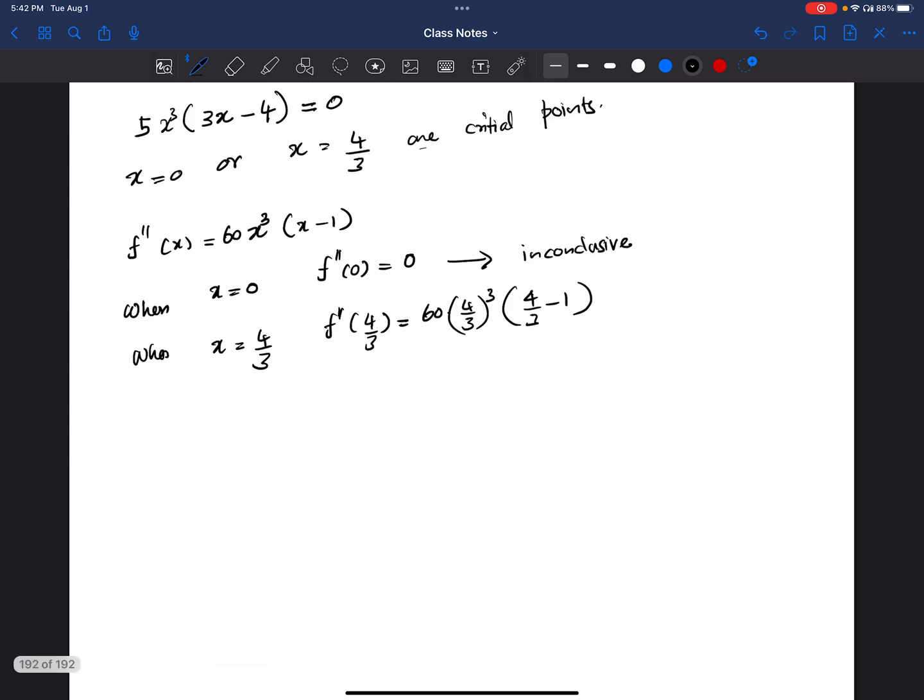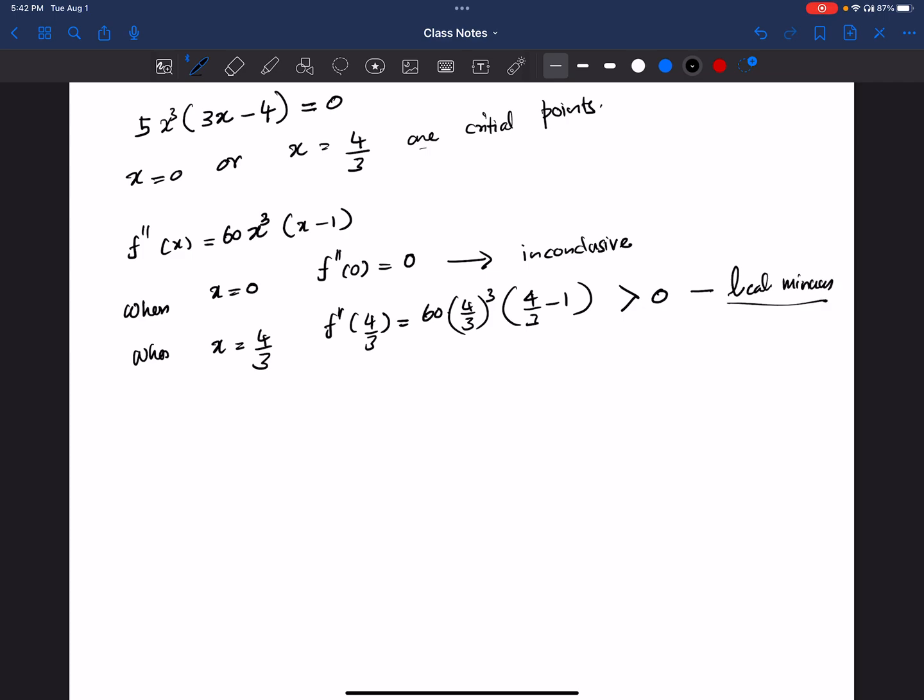So this number is anyway positive, but this number is also positive because it's greater than 1. Positive, positive, so this is a positive number. So f double prime positive means it's a local minimum.